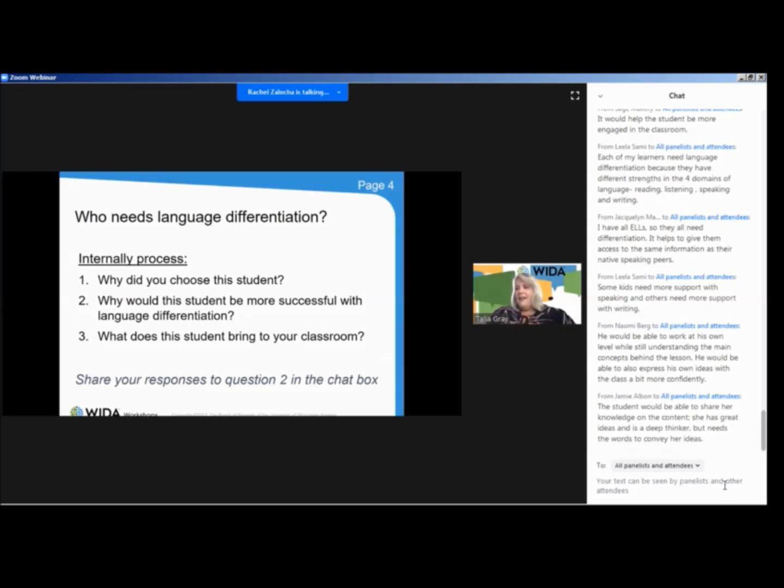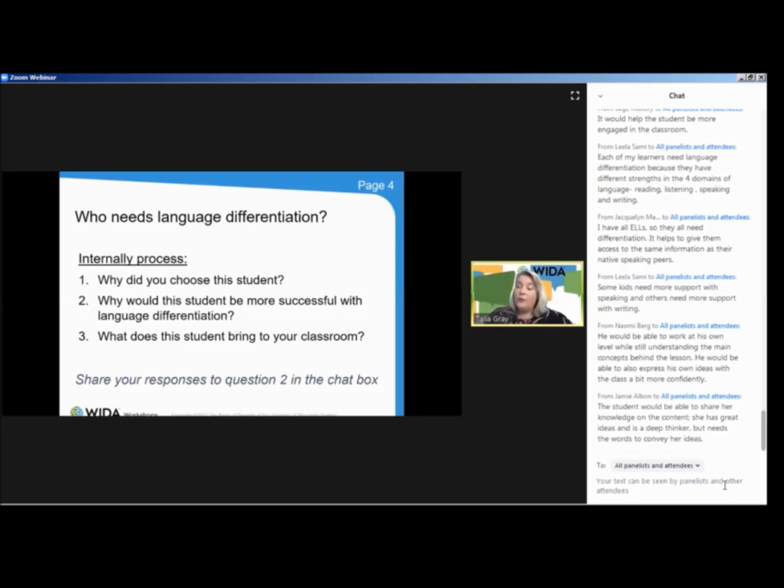You're welcome. So I'm seeing in the chat box a lot of people who are saying their students would benefit from language differentiation so that they could have access to the content, so that they would be more confident. And a lot of other reasons why students would be more successful with language differentiation.